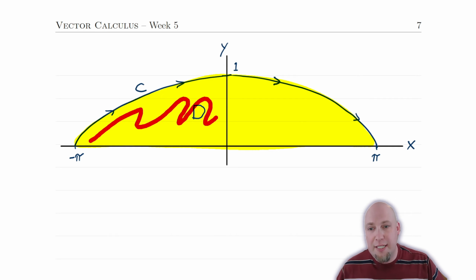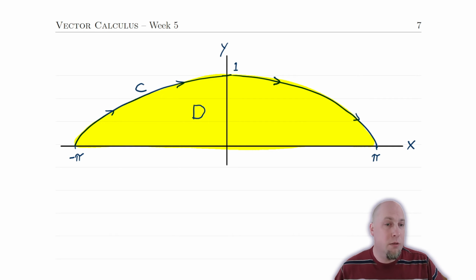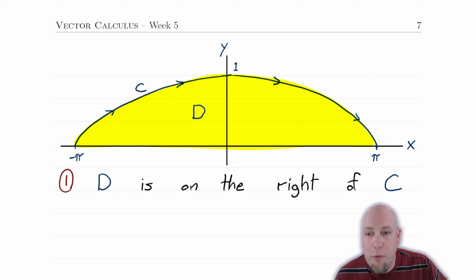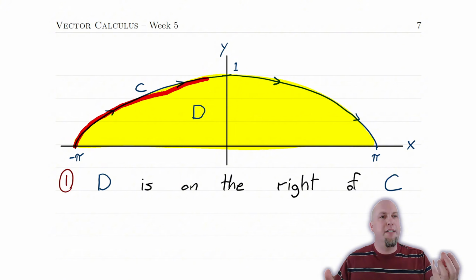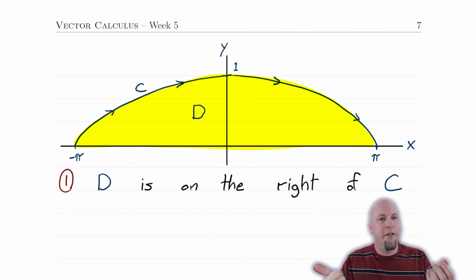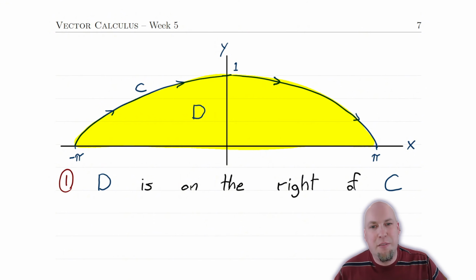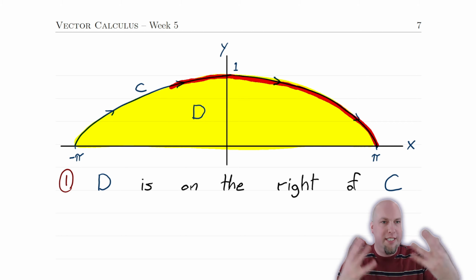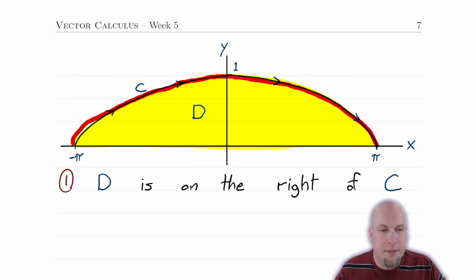And the first thing that we did that was incorrect when applying Green's theorem is that, well, when I follow this path here, remember, in Green's theorem, the way Green's theorem is set up, the region D that you're doing the double integral over, it has to be to the left of you as you walk along the parameterization, as you walk along the curve, okay? So we would have to parameterize it the other way for this double integral calculation to actually be correct.